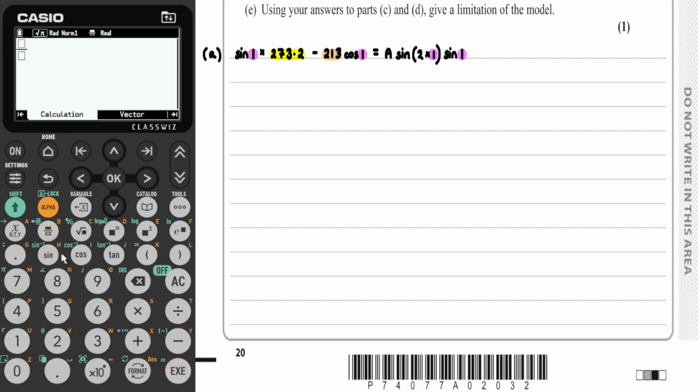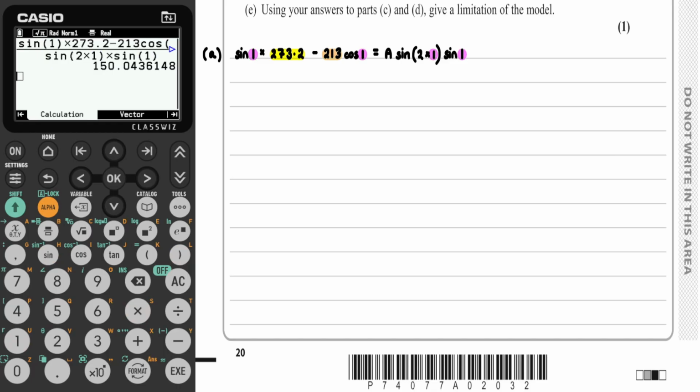We have the sine of 1 multiplied by 273.2 subtract 213 times cos of 1 over the sine of 2 times 1 multiplied by the sine of 1.